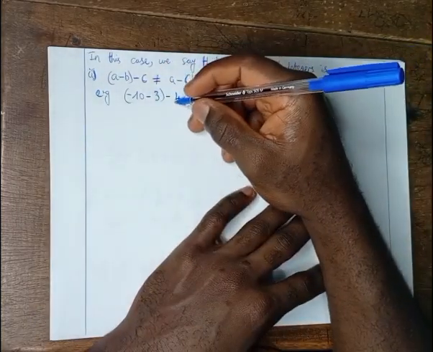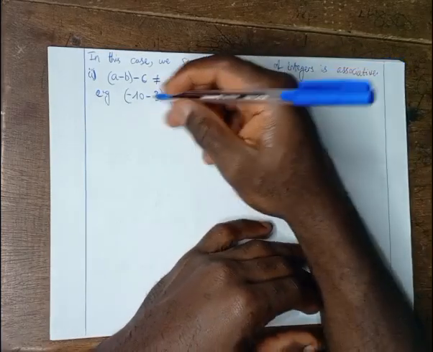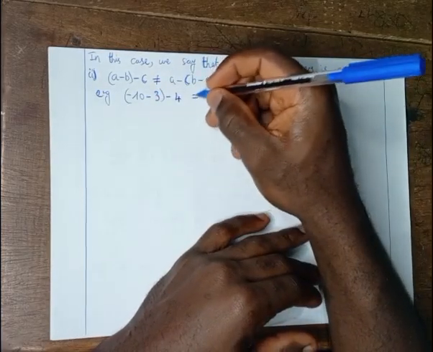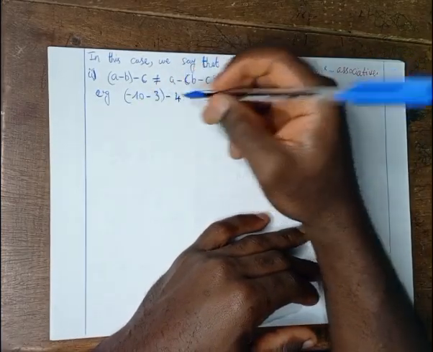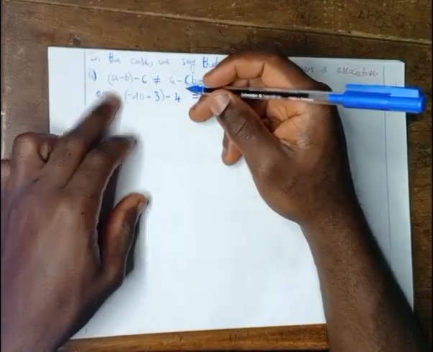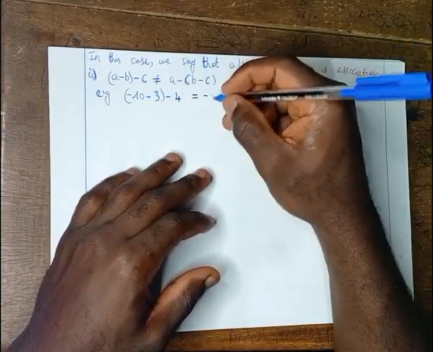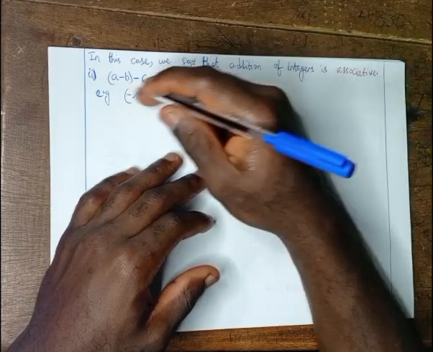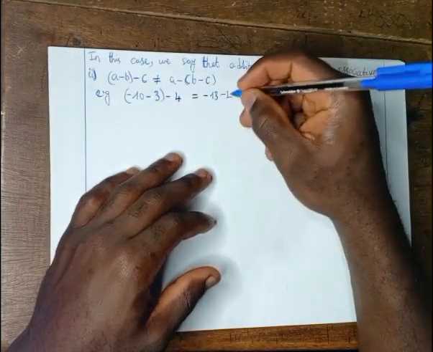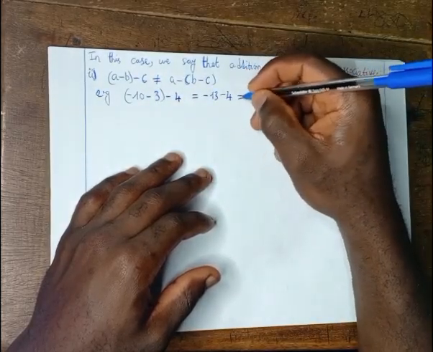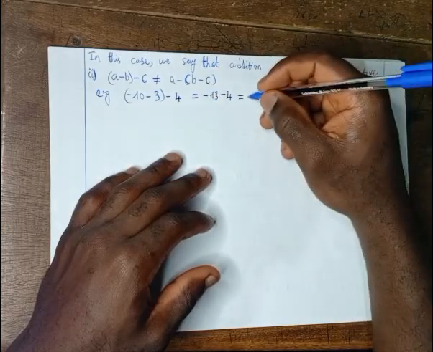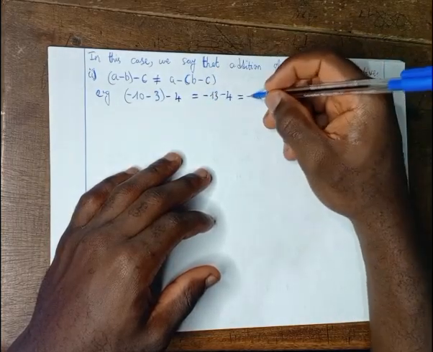we know this one will simply give us, let's evaluate this. Negative 10 minus 3: the negative signs are the same, so we just add the two numbers, then we maintain the sign. 10 plus 3 gives us 13. The result will be negative 13, then minus 4. Negative 13 minus 4: the two numbers have a negative sign, so we put the negative sign.